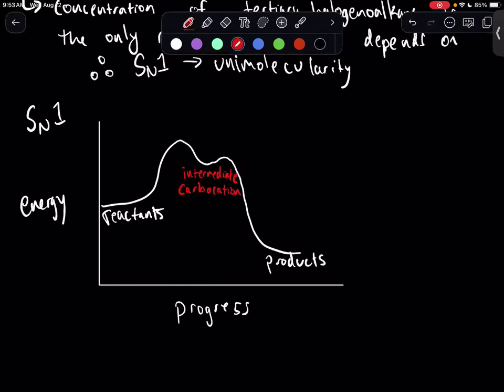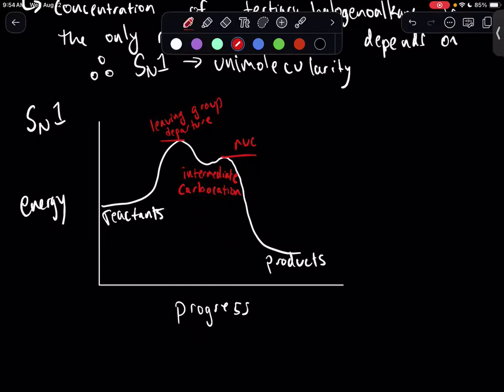Furthermore, we can recognize what's happening at each of these peaks. That first peak, the one that has the highest activation energy, and we know that because it's also the slowest part of the reaction, so we can guess that that's the first step. This is the leaving group departure. Then the second thing that has to happen is that other peak.